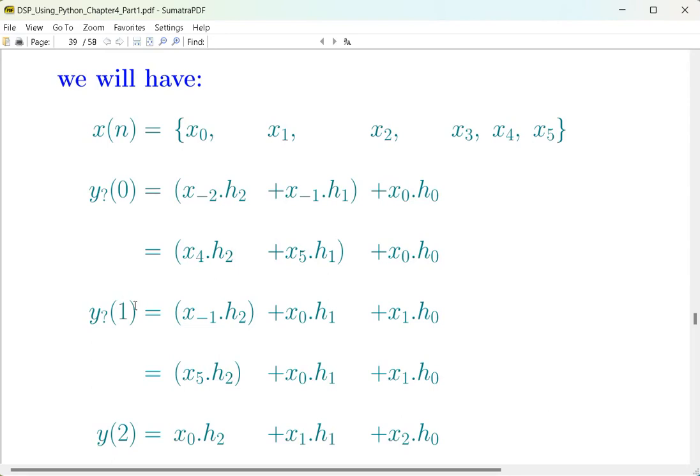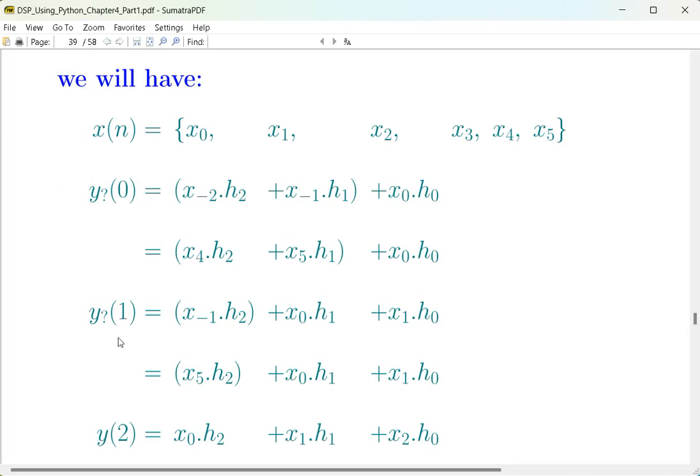Again, y of 1, not correct, will be x minus 1 times h2 plus x0 h1 plus x1 h0, or x minus 1 is equal to x5 times h2 plus x0 h1 plus x1 times h0. There is no way to correct these two samples.